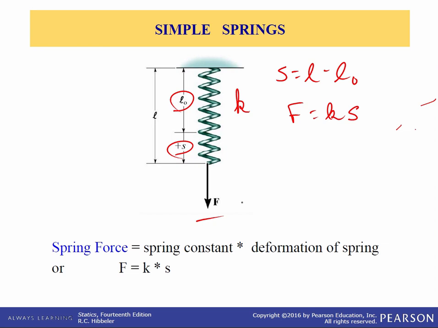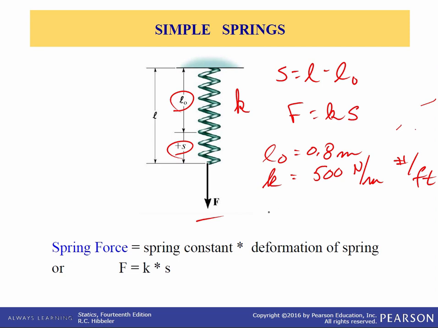For example, if the spring in figure 3a has an unstretched length of 0.8 meters and a stiffness K of 500 newtons per meter, note the units on that spring constant, newtons per meter or pounds per foot.